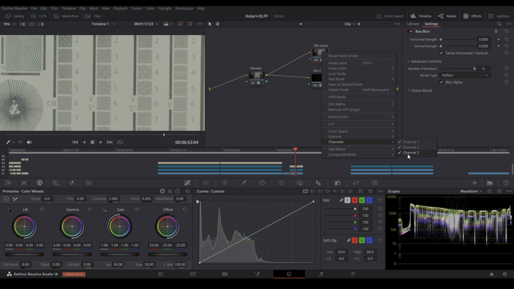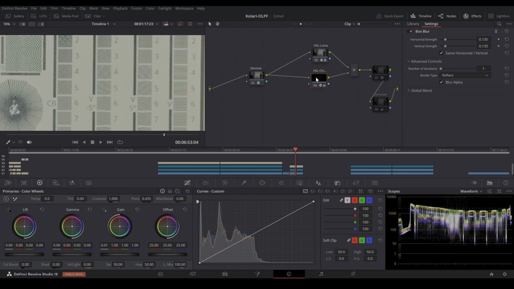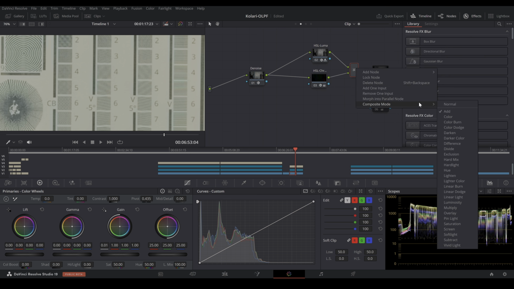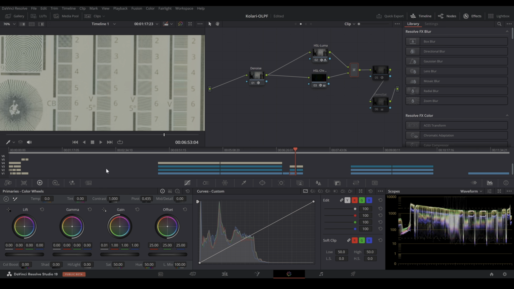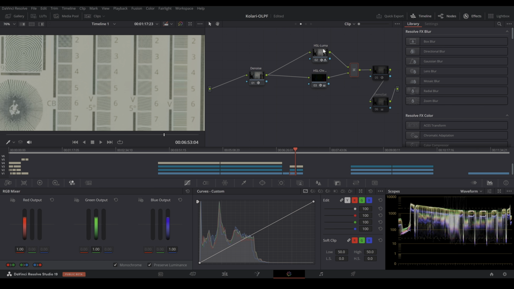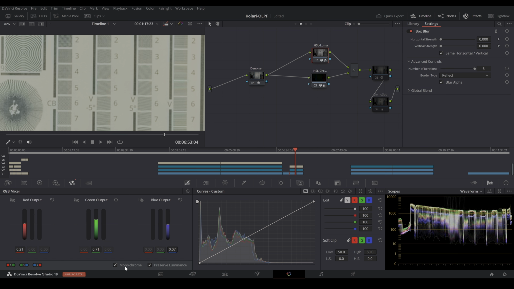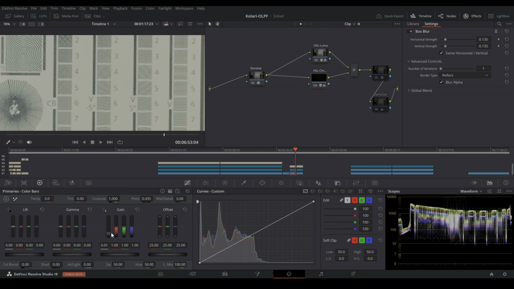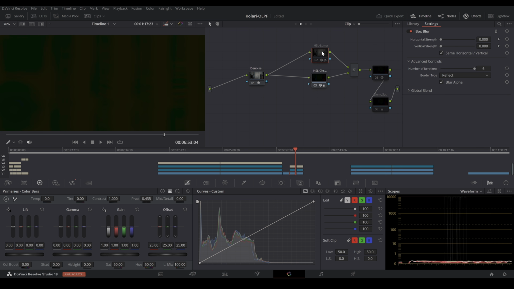So we would have then one luma channel where we have only channel 3 and the other channel has channel 1 and 2. And then you combine them again with composite mode add. Here in this example, I chose to select for luma monochrome, and for HSL I reduced here the gain. So we have then for one channel only the color.